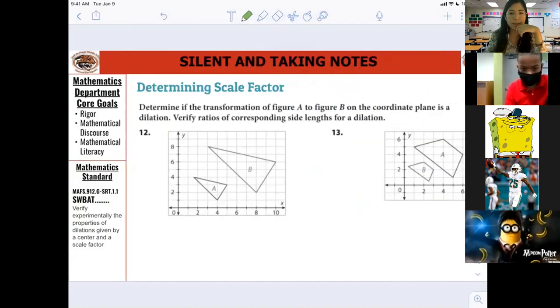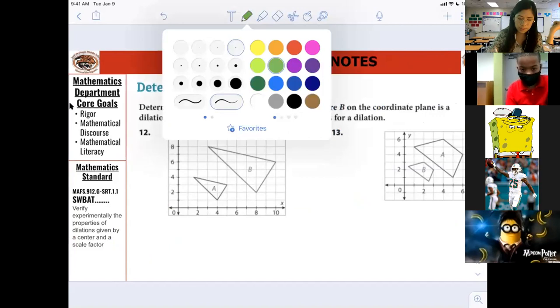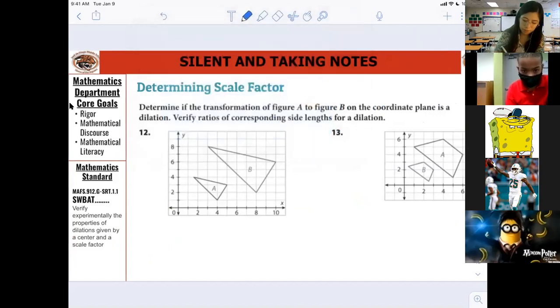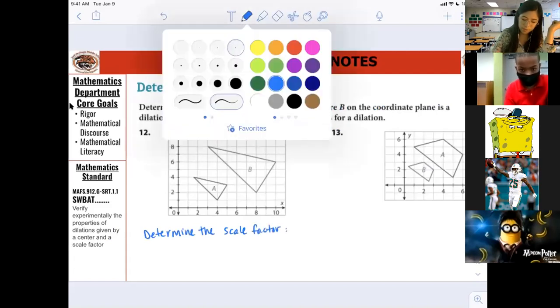So here's a couple of examples. I think let's only do number 12 because I don't want to take too long on this. But look at number 12. We're going to figure out 2 things. This is on your own now. Determine the scale factor and determine the center of dilation.